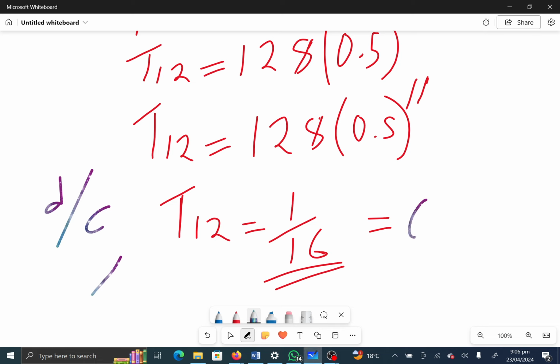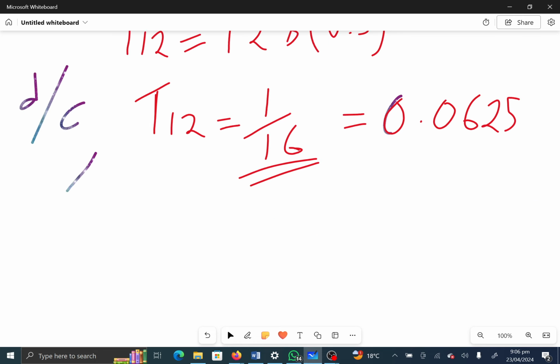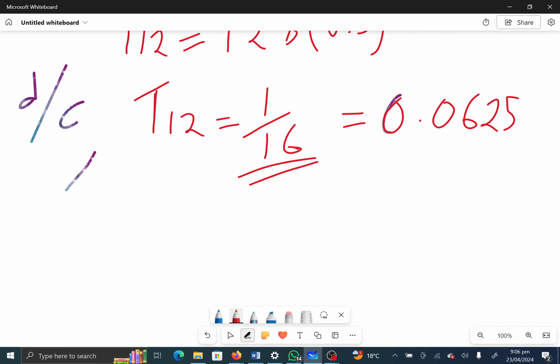In decimal, our answer was 0.0625. I'm using fractions for accuracy purposes. The moment I begin to round off decimals, I'll be moving away from the original answer. Is that okay?